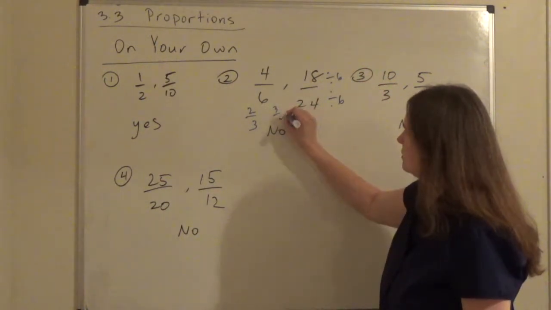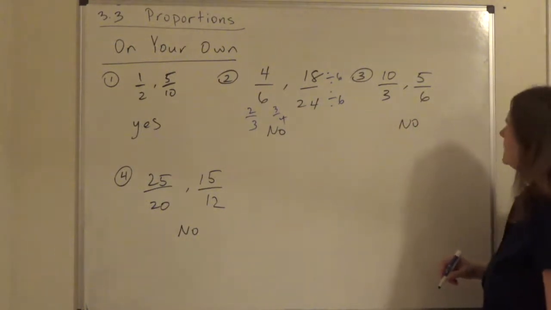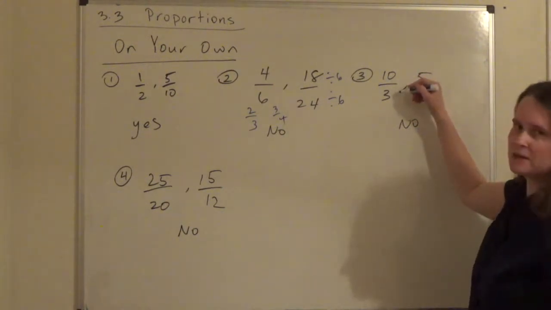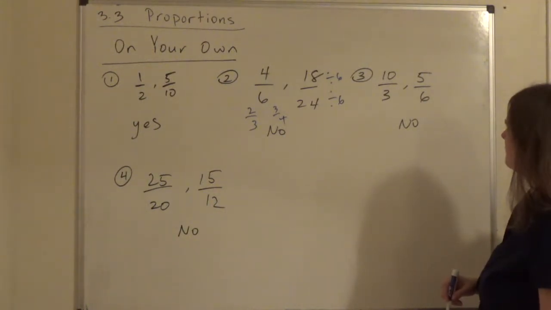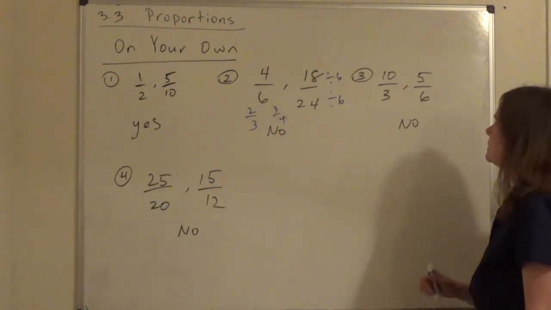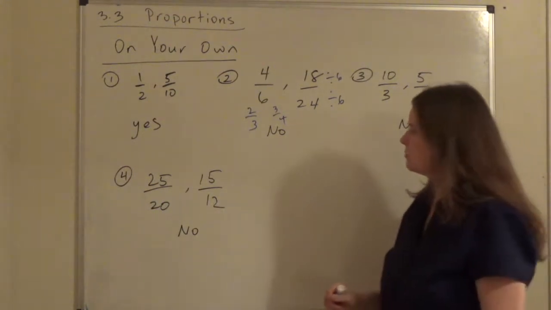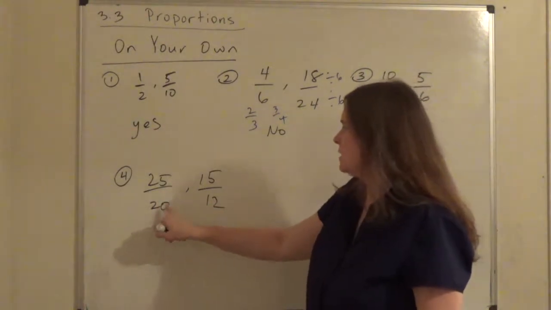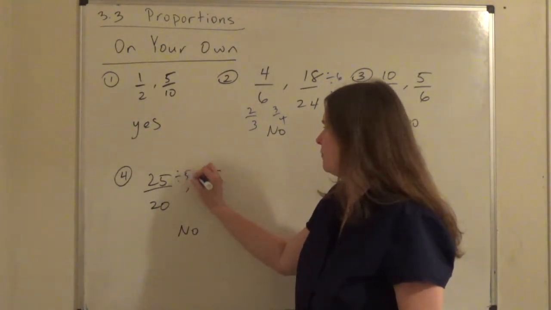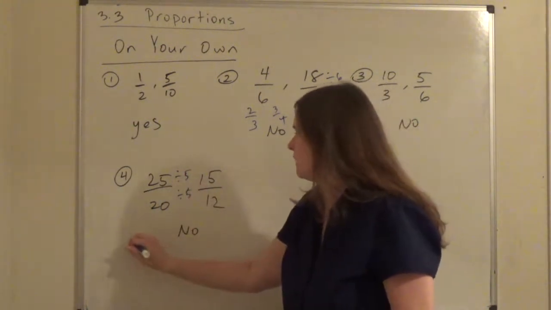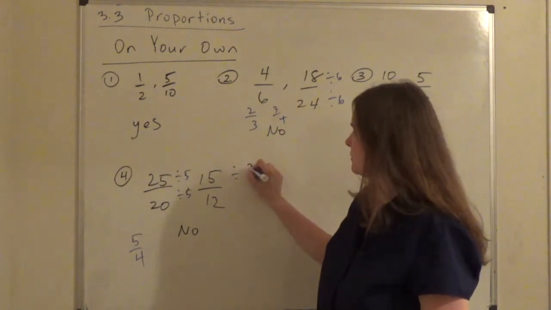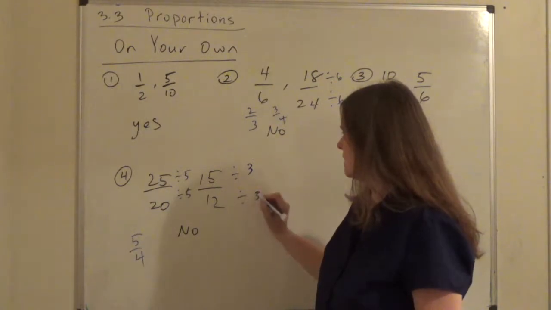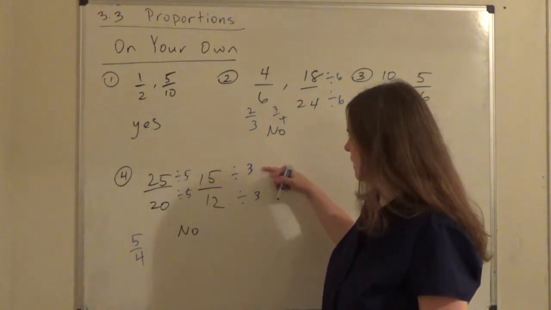So these are not equal. In number 3, 10 to 3 is already in simplest form. 5 to 6 is already in simplest form. So there's nothing that you can do there. These are not equivalent. In number 4, 25 to 20, you could divide that by 5 over 5. That will give you 5 to 4. And then 15 to 12, you could divide by 3 and 3. That will give you 5 to 4.